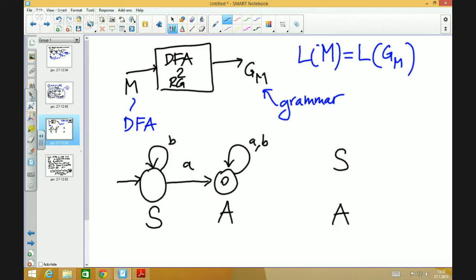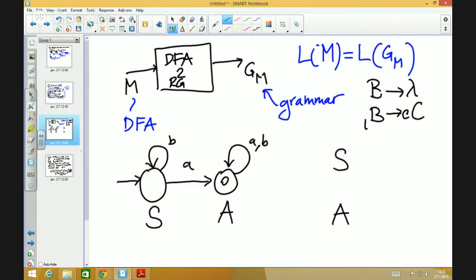What do you think? The productions could have two forms. Okay, so let me just write a different thing, not to confuse you here. The productions that I'm allowed to write have the form non-terminal goes to lambda, or non-terminal goes to terminal symbol followed by non-terminal.